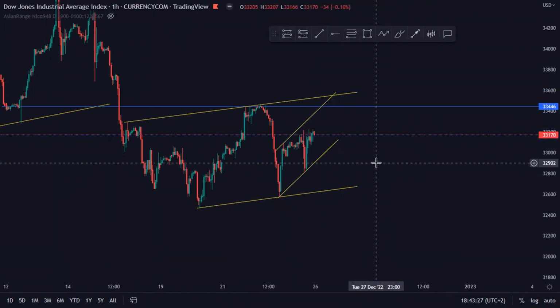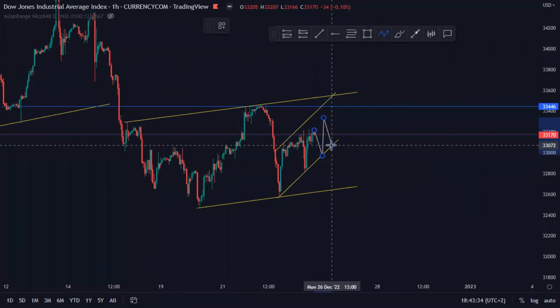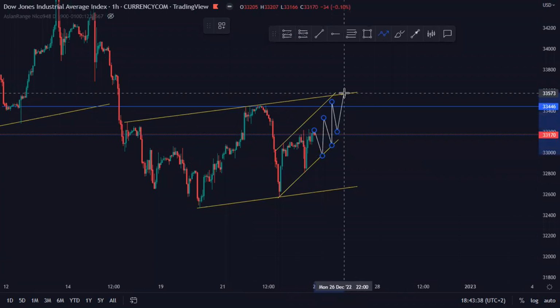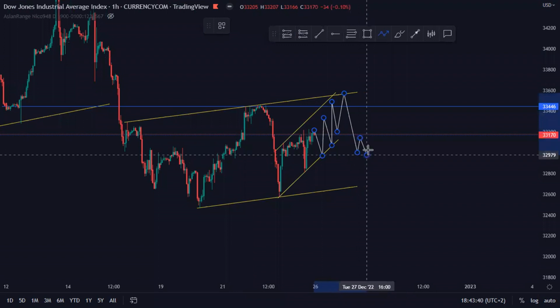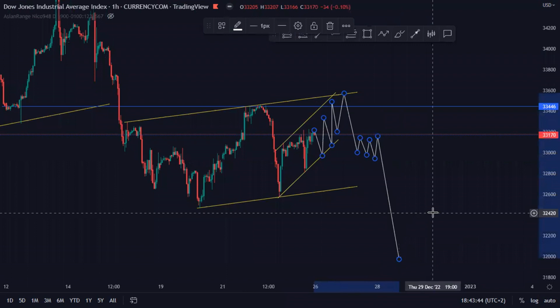So we're expecting price to do its thing as it usually does, and then it falls. That's what we're expecting from US30.